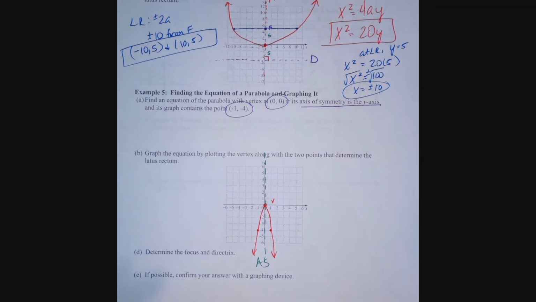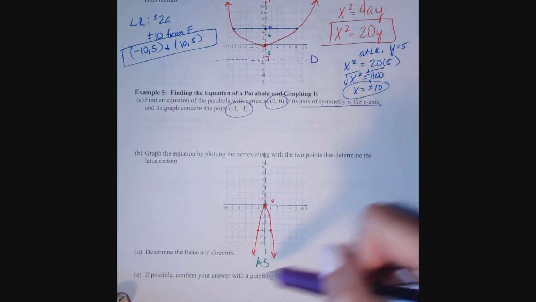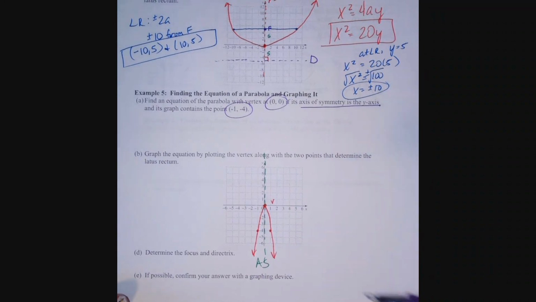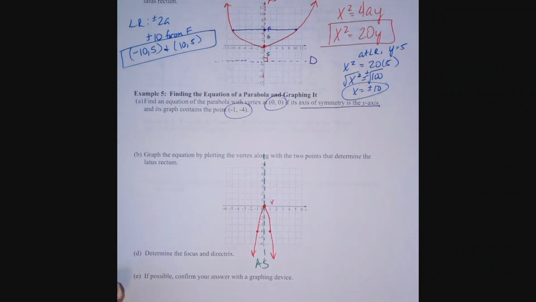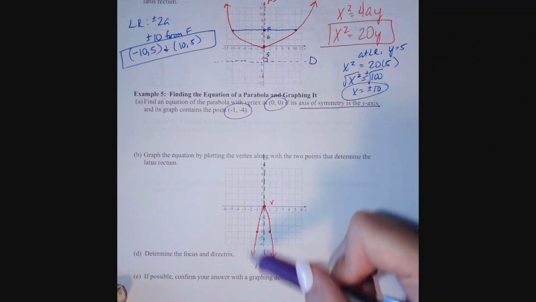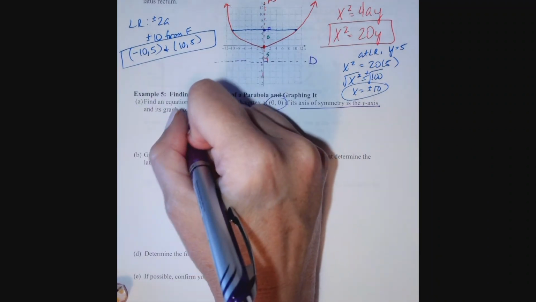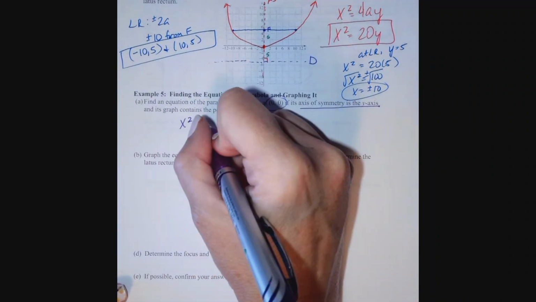Well, let's figure this out. If we don't have a focus and we don't have a directrix, this is all we have. So let's see what we can do with that. We know that if we are opening down, our general equation is x squared equals -4ay.